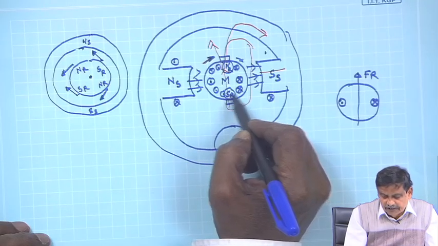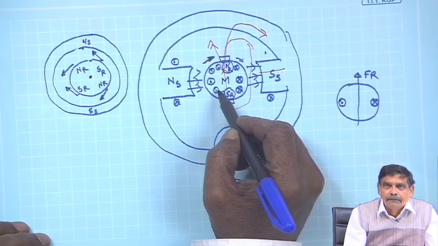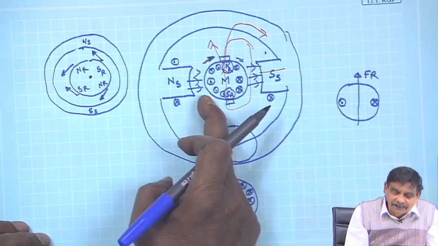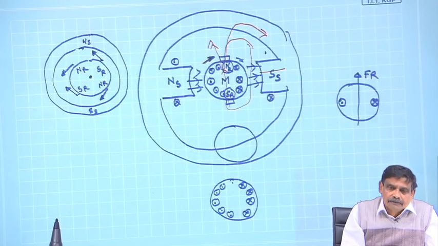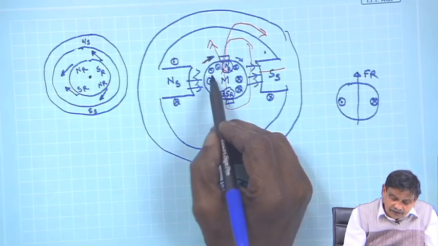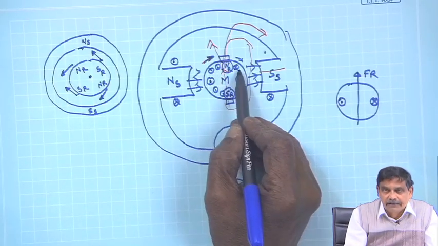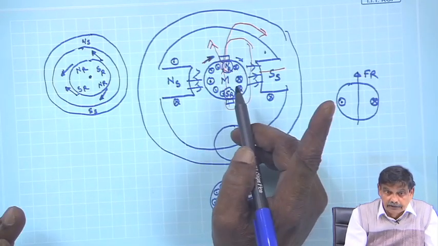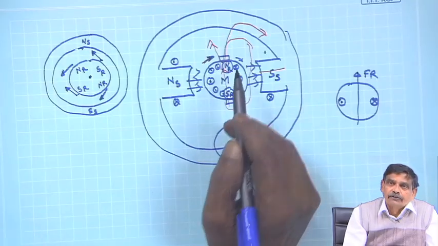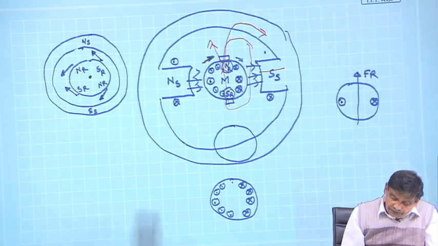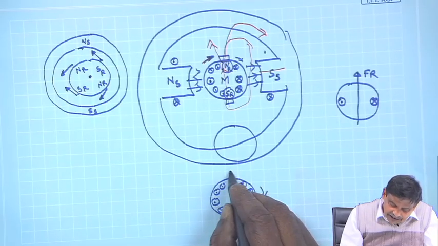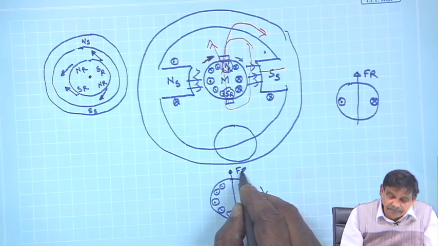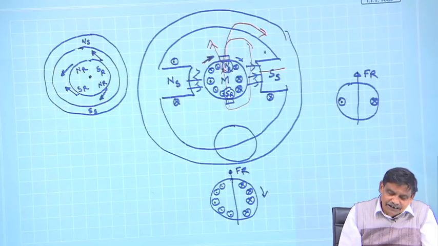This conductor, after some time, will come here, but no matter when it comes here, it has to carry that constant magnitude dot current. Similarly, any conductor switching over to this side as the rotor rotates will always carry cross current. Therefore, the rotor rotates, but the field created by it remains stationary. It is fixed.